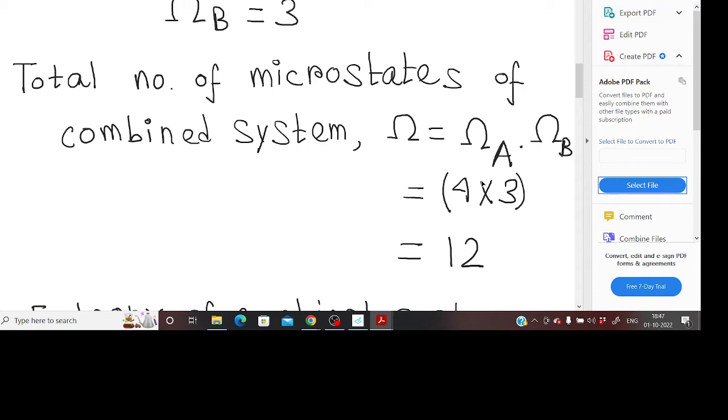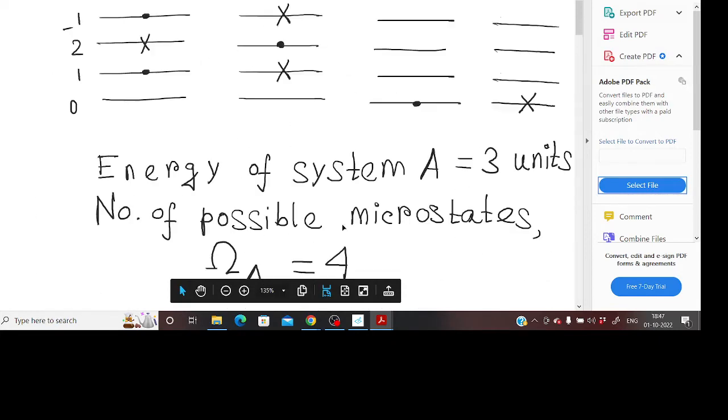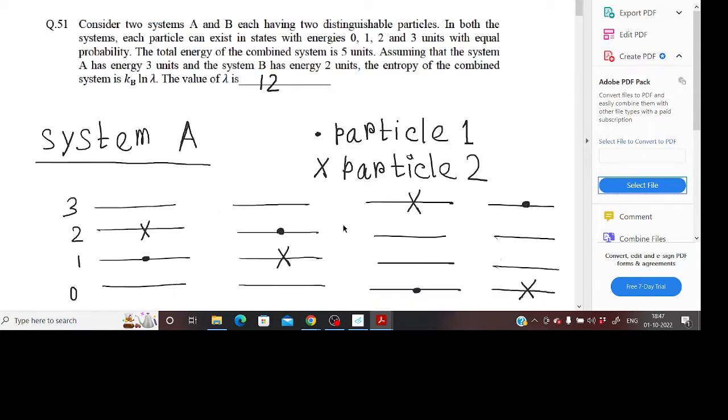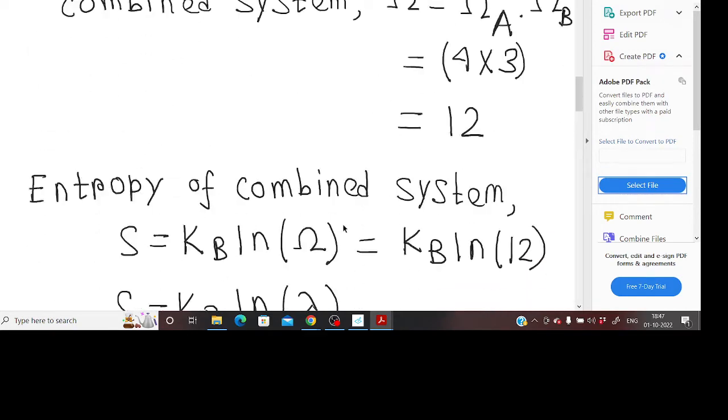So here omega A is 4 and omega B is 3. Just multiply them, then you will get the total number of microstates of the combined system, which is 12, such that the total energy of the combined system will be 5 units.